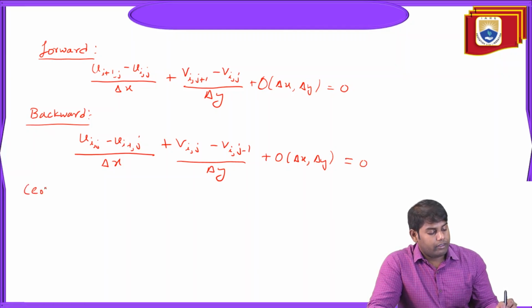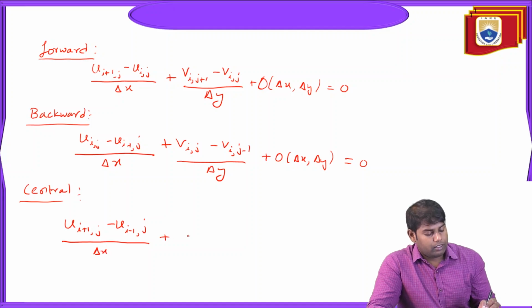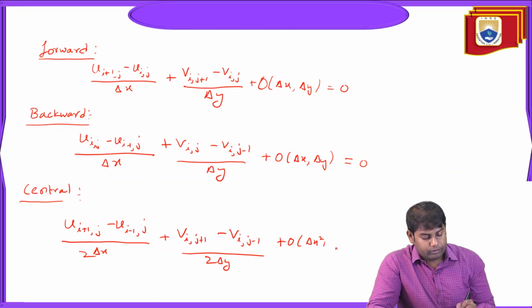Now let us see central difference. For the central difference, we have u of I plus 1 comma j minus u of I minus 1 comma j divided by 2 delta x plus v of I comma j plus 1 minus v of I comma j minus 1 divided by 2 delta y, plus order of accuracy of delta x square comma delta y square, equal to 0.